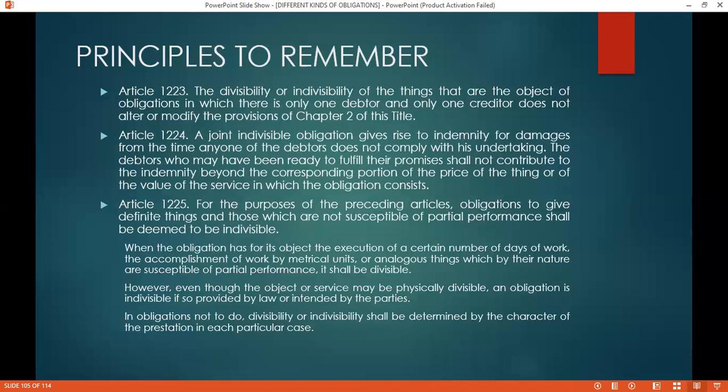We have qualitative division. When you say qualitative division, this is based on quality, not on number or quantity. For example, A and B are heirs of C. They agreed to divide their inheritance as follows: to A, a house and lot and home appliances, and to B, a rice field, a car, and 10,000 cash. So it is based on quality, not on the number or quantity.